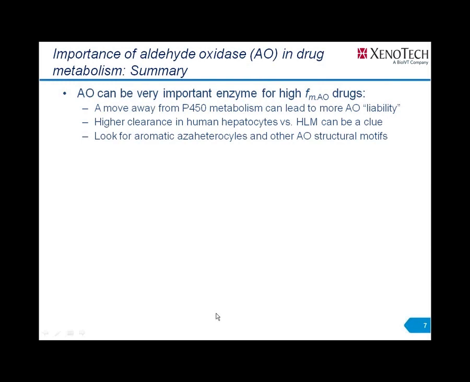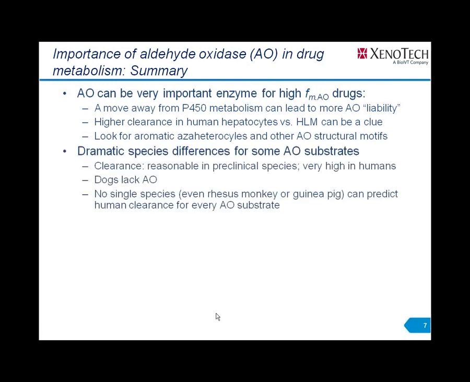And because of this trend for a move away from P450 metabolism, it leads to more aldehyde oxidase liability, if you will. So higher clearance in human hepatocytes versus human liver microsomes, if you do those studies, can be a clue that you have aldehyde oxidase metabolism. Then you would want to look for these aromatic azoheterocycles and other AO structural motifs to see if that's the case.